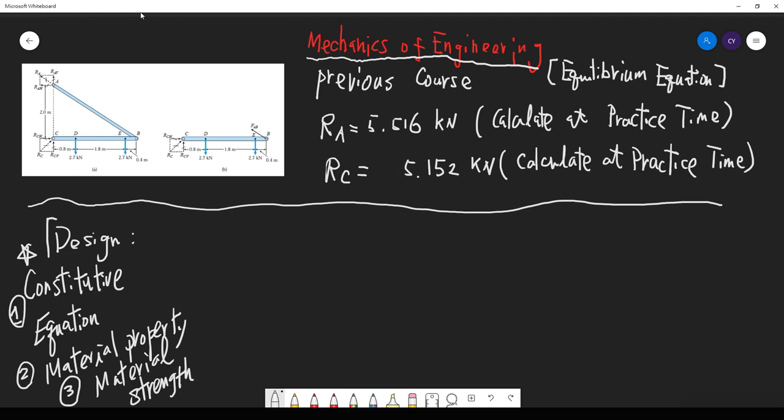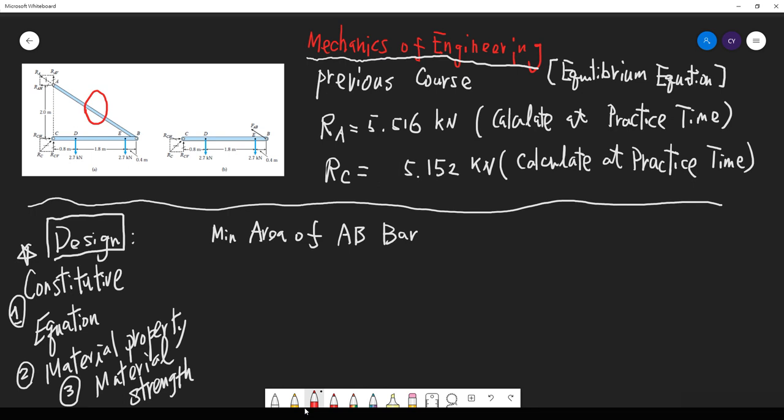So now we are talking about the design, different from your previous learning. And first, we will calculate the minimum area of AB. That means here we will calculate the area here.